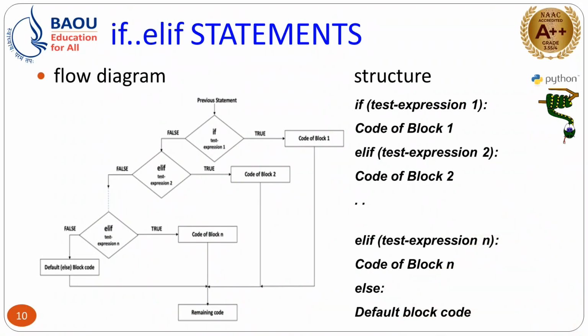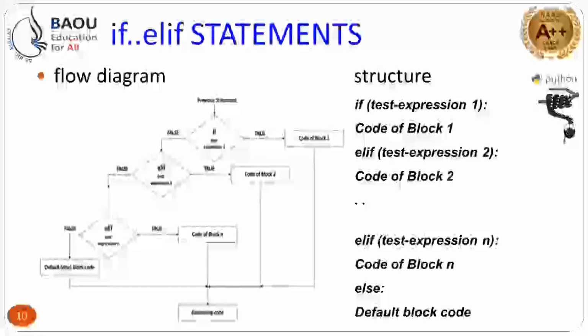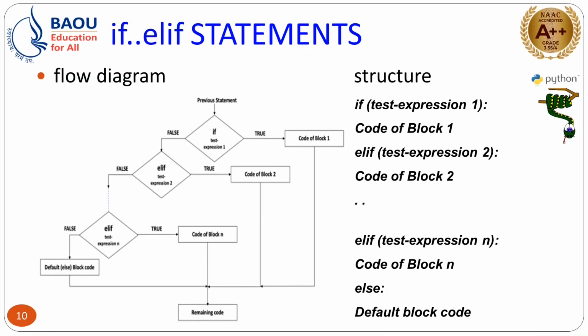You can see the structure. If test expression 1, that is your first condition, then a colon represents the end of that statement. Then you put indentation, and if the condition is satisfied, you execute the first block of code. If the first condition is not true and you want to check another condition, you check it in the elif statement, putting in a test expression, which is again checked by the compiler.